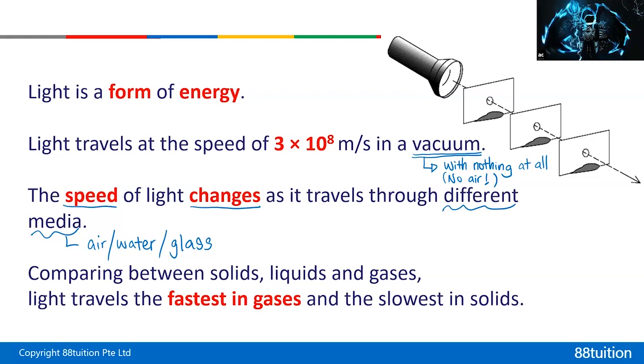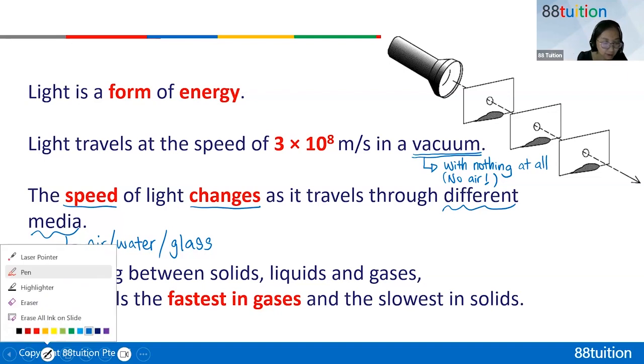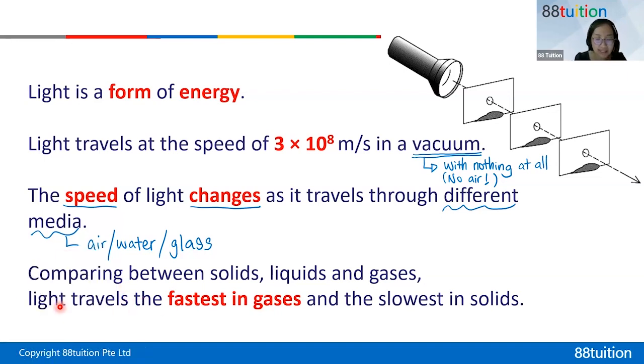Same thing for light. Light traveling in air will have a different speed compared to light traveling in water or glass. In fact, you can see from here, light will travel the fastest in gases and slowest in solids. You can think of this as an analogy.